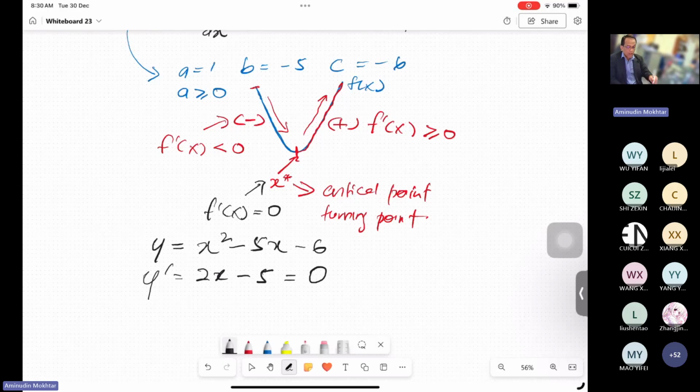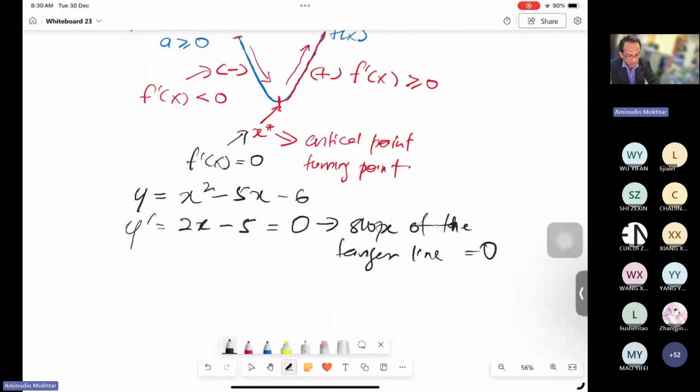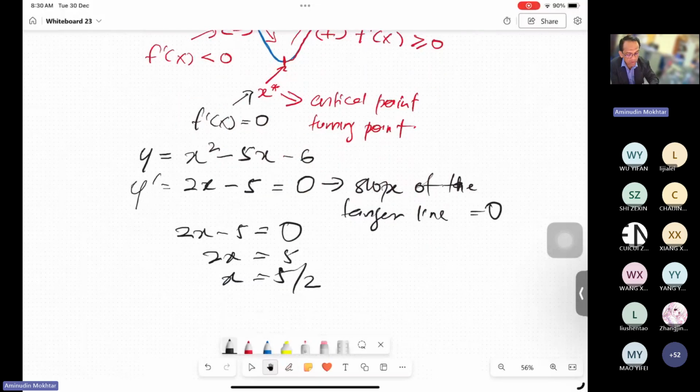In other words, the slope of the tangent line equals 0. If 2x minus 5 equals 0, so 2x equals 5 and x equals 5 over 2.